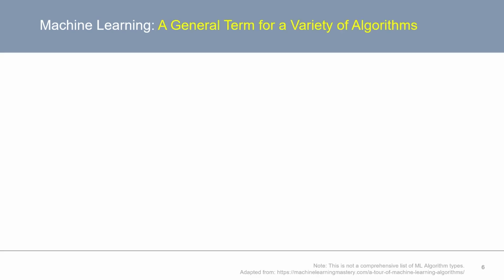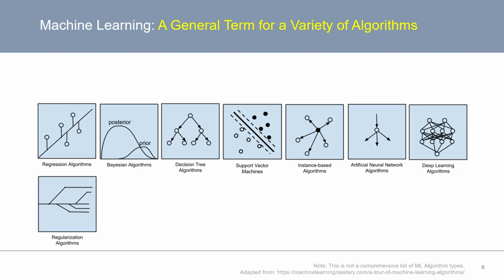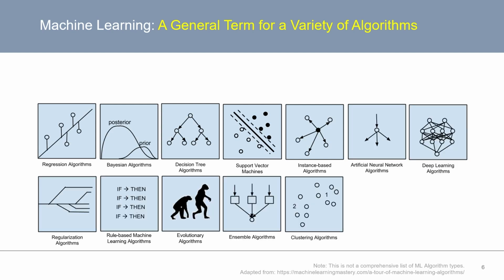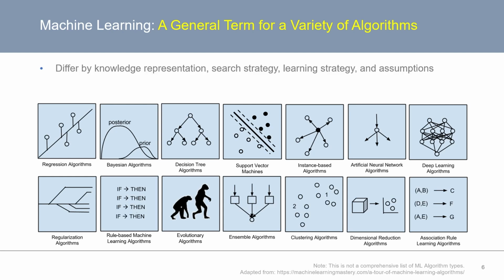Overall, machine learning is a general term that captures a wide variety of algorithms. These cartoon images capture some of the major families of machine learning algorithms that have been developed and widely used. These algorithms differ by how they represent knowledge, the search and learning strategies they use, and the explicit or implicit assumptions that they make about the problems they are tasked to solve.